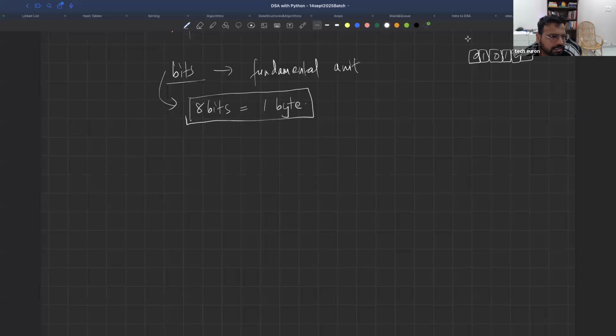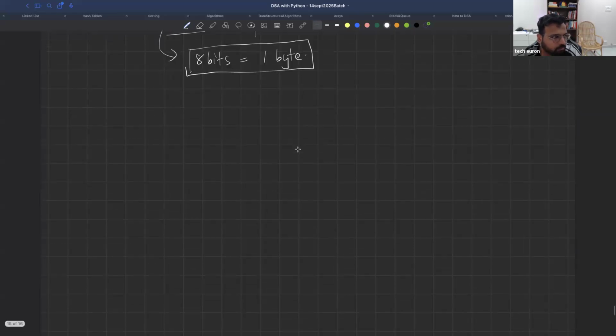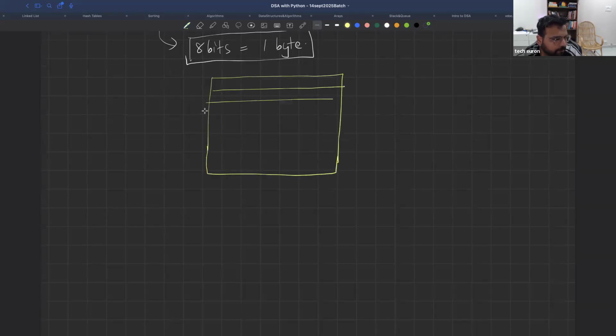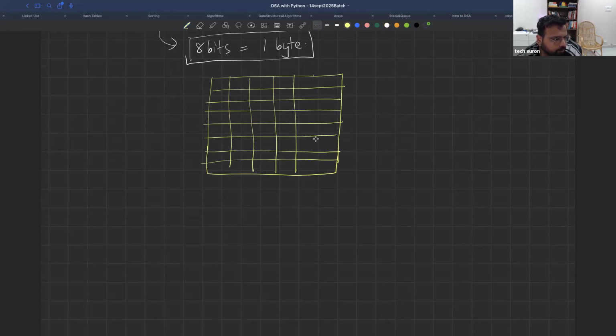Okay. So these are some memory locations in our CPU. Suppose this is our memory. Okay. So there are a lot of memory cells. I'm just making it a grid, actually it is just for visualization.